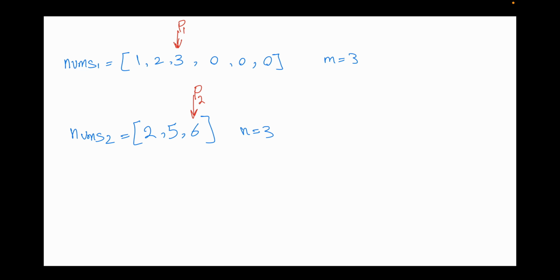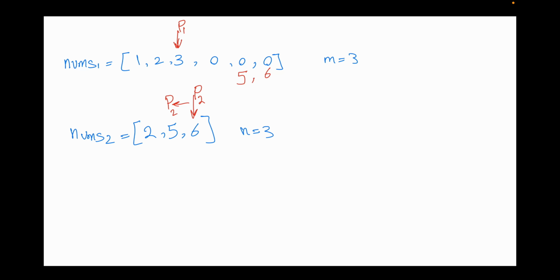Since nums1 and nums2 are sorted, we compare 3 with 6, and the value that is greater will be the last value. So we change this to 6, and then we decrease pointer 2 to the previous one. So p2 decreases here, and then we compare 3 with 5, and we put 5 here.